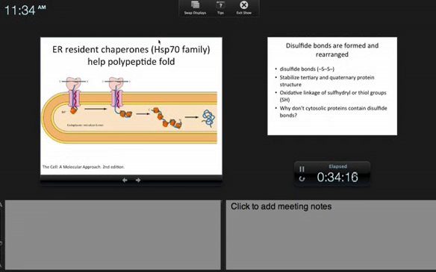HSP70 really just means it's a 70 kilodalton protein that was discovered to be induced by heat shock. It doesn't tell you too much about the function, but most heat shock proteins are involved in protein folding, because when you heat up a cell, proteins tend to misfold or denature. So that's how it was discovered. There are a lot of members of the HSP70 family. One is called BIP. It lives in the ER.